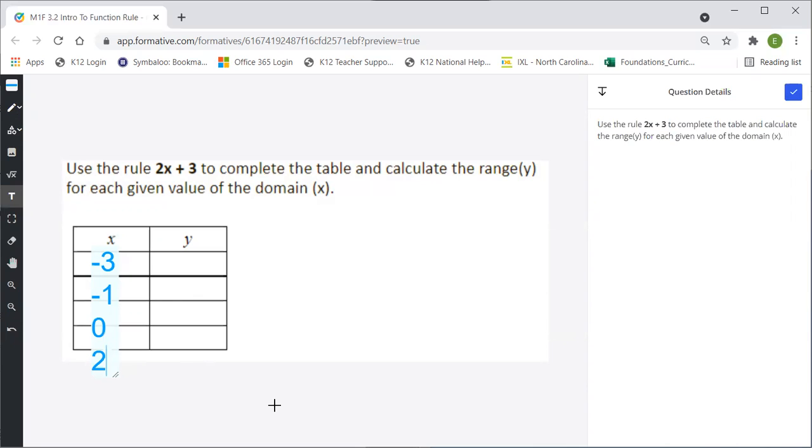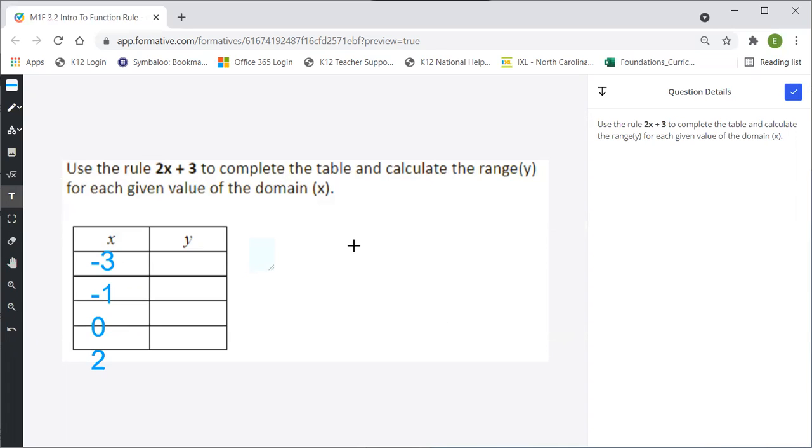And again, it does not matter. Sorry, those are a little off. Let's see if I can make my table bigger. Nope.